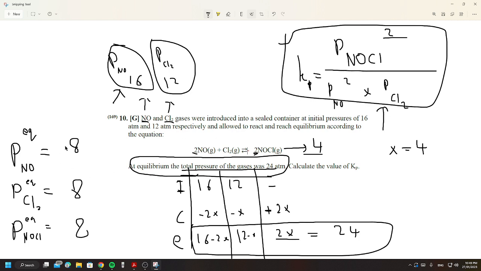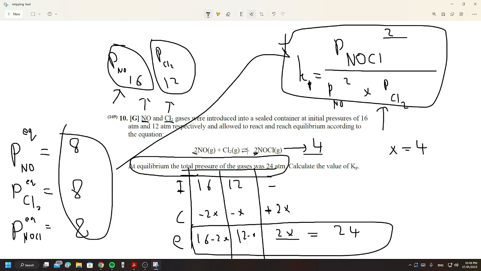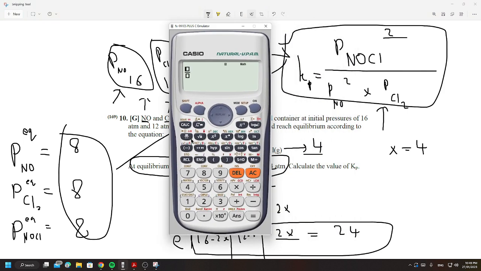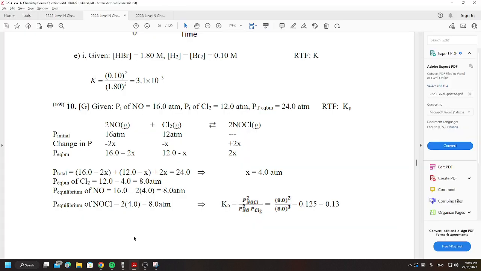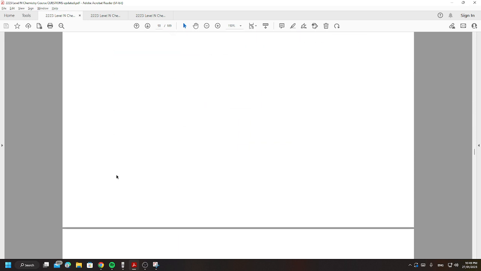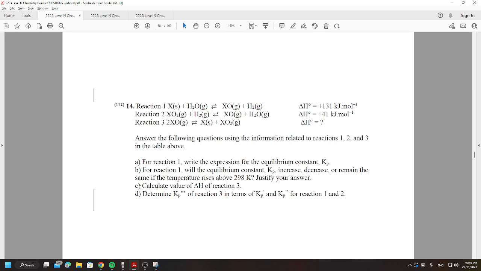Then we substitute these values into this formula correctly this time. So 8 squared over 8 squared times 8 gives you 0.125. That's correct. Be careful while you're solving. You're seeing these mistakes I'm making. It's very easy to make mistakes like this.